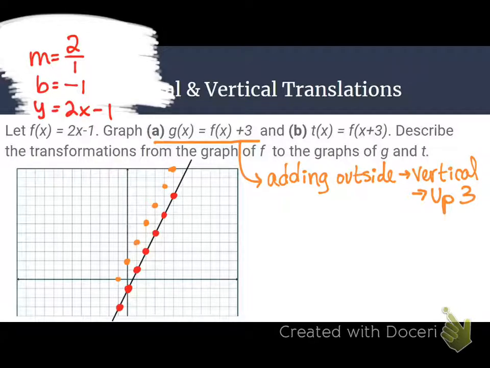So we went up 3. And then we can plot our line through those points. That's not a great line. That's a little bit better. Again, we can put arrows on the ends. Questions about graphing the line from part A?